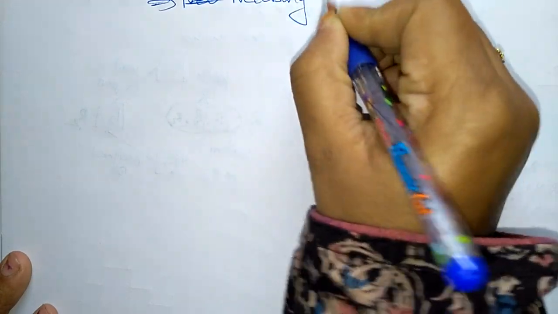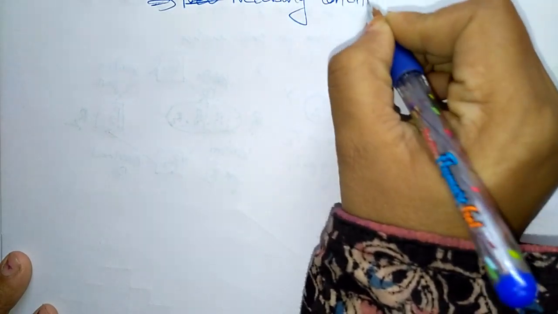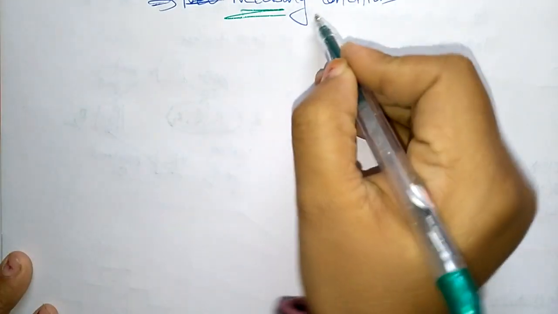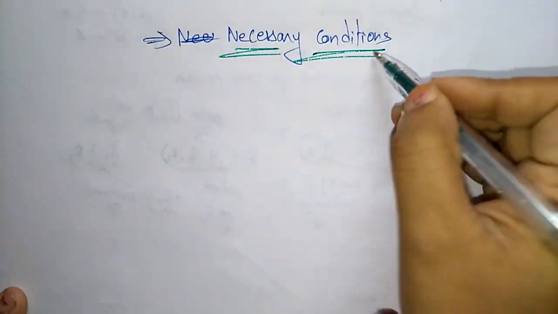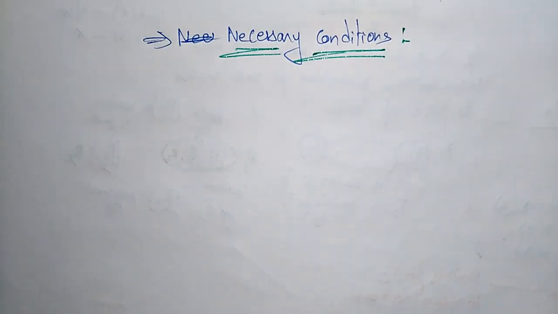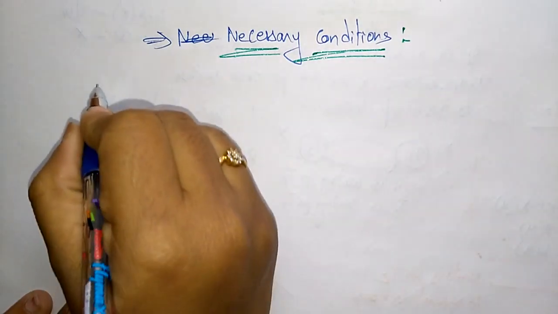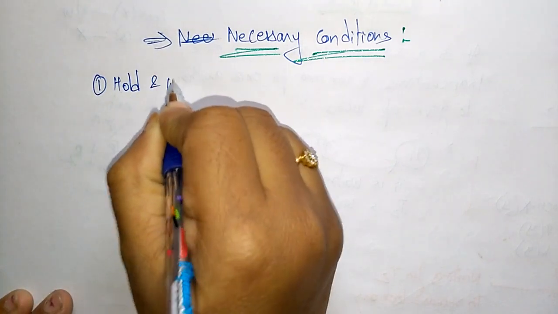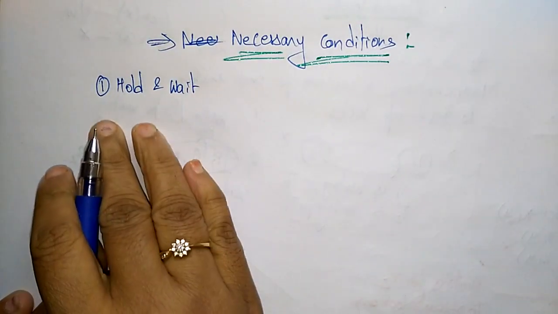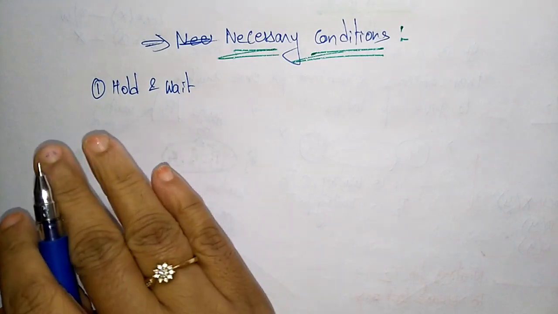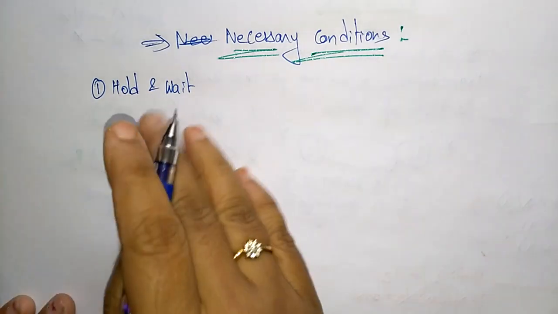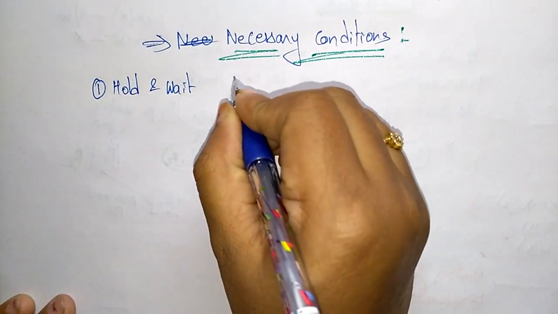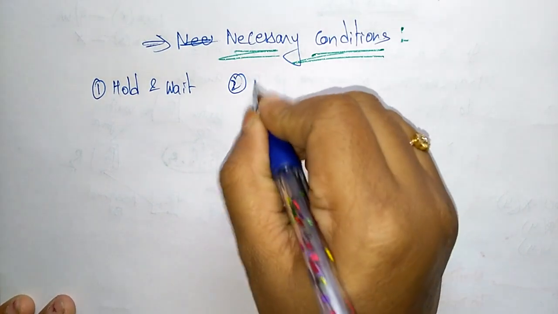Necessary conditions for deadlock. Let us see what are the necessary conditions for deadlocks. The first one is hold and wait. So this is one of the conditions in deadlock. Next, mutual exclusion.